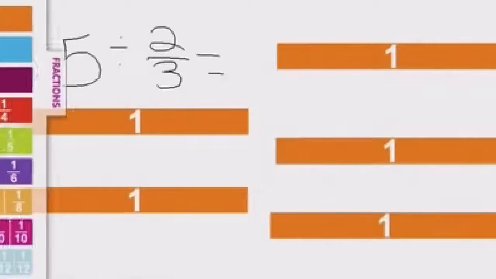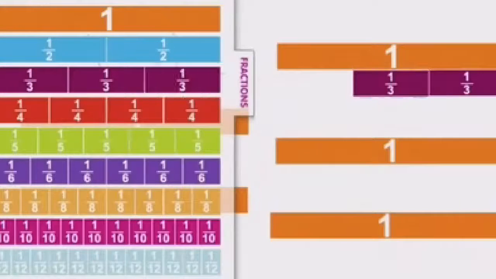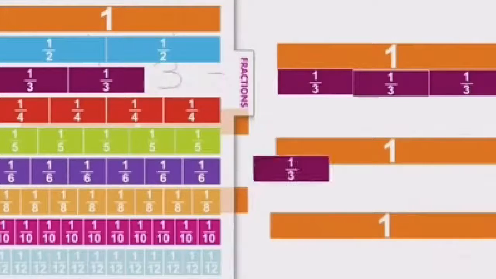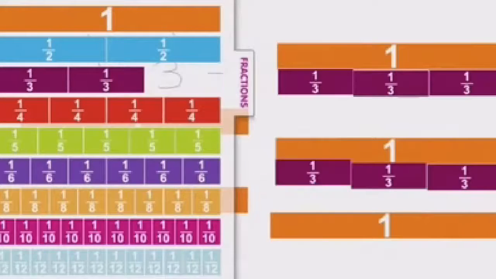Okay, we're dividing it by 2/3, so we're going to use the third pieces, and then we'll be putting them into groups of 2. Remember, you should have 3 1/3 pieces underneath each one.